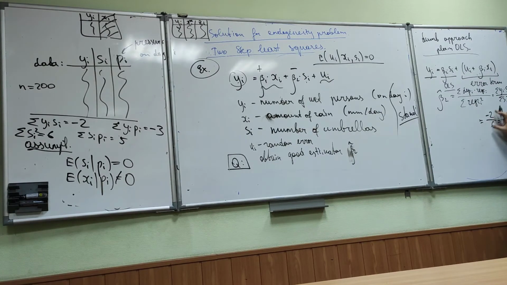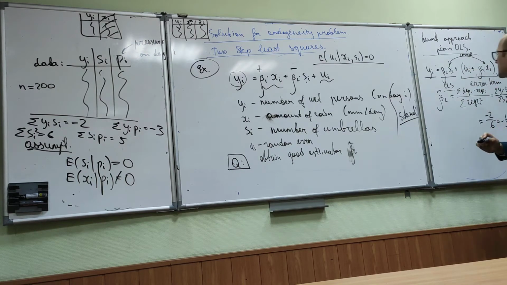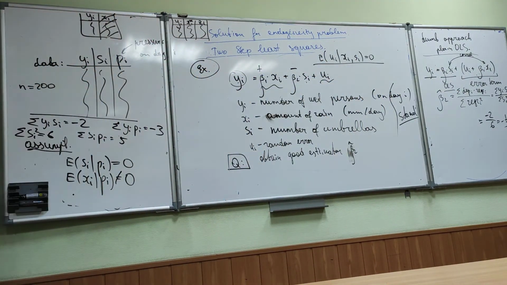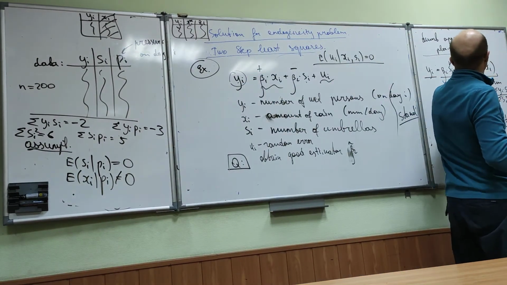What is the problem with this dumb approach? The problem is S is obviously correlated with X. So we have correlation. Our regressor is linked with the error term. Why?